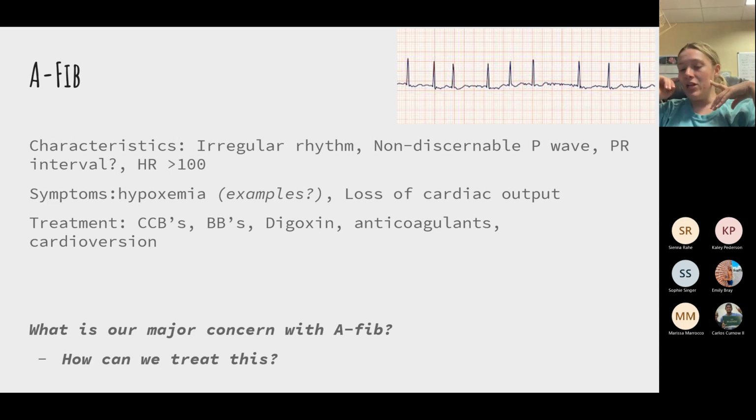So what is our major concern with Afib? What am I really, really concerned about? I'm concerned about loss of cardiac output. What specifically am I concerned about with atrial fibrillation as opposed to any other electrical funky thing happening?